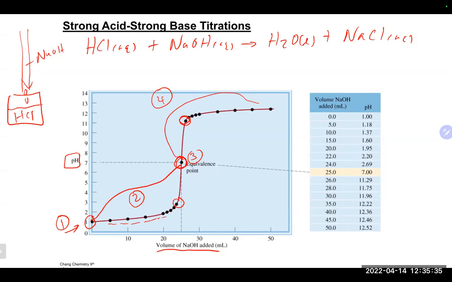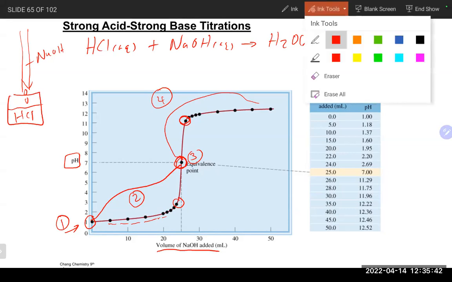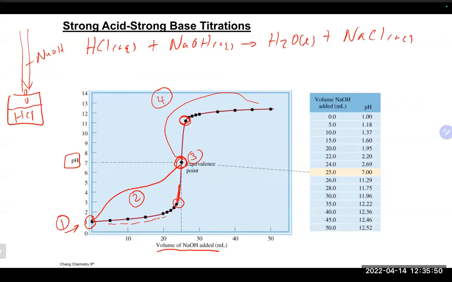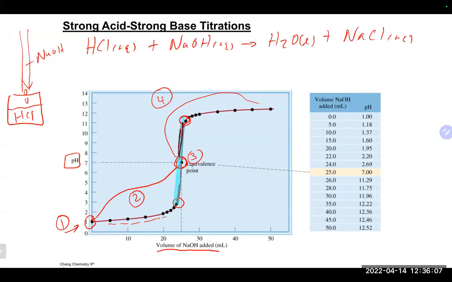But what we do see as we approach the equivalence point, if we look at this graph, is it is going pretty vertical. Yes, as we go to the equivalence point there. Bad choice of color, I see it. So as we approach that equivalence point, it is getting pretty vertical.